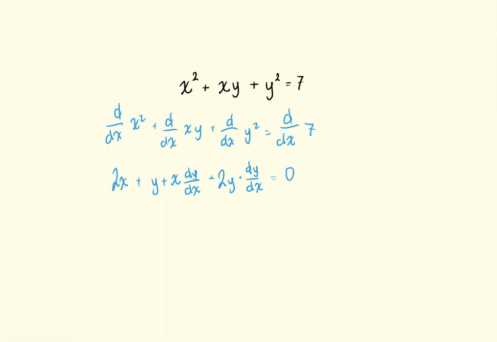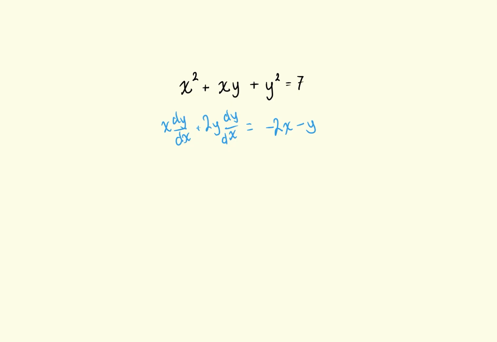Now let's put the dy by dx terms onto one side and the other terms on the other side. We can subtract both sides by 2x and y to isolate dy by dx, and we get x times dy by dx plus 2y dy by dx equals negative 2x minus y. Now let's factor out dy by dx to give us dy by dx times x plus 2y equals negative 2x minus y.